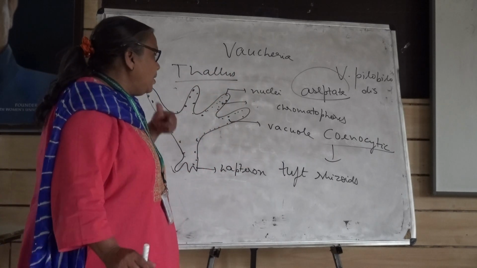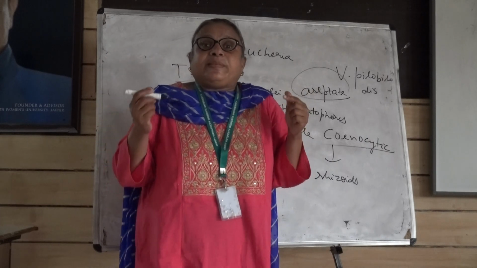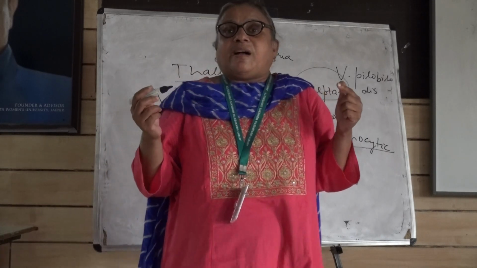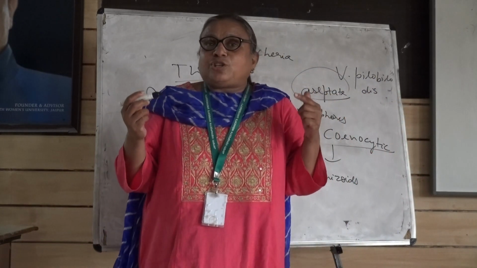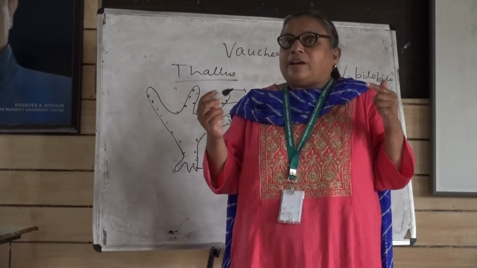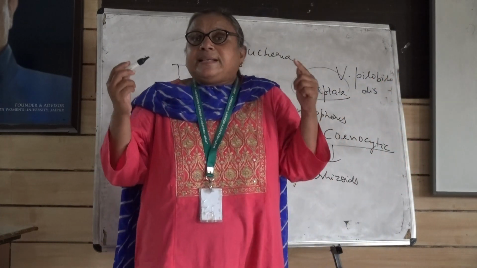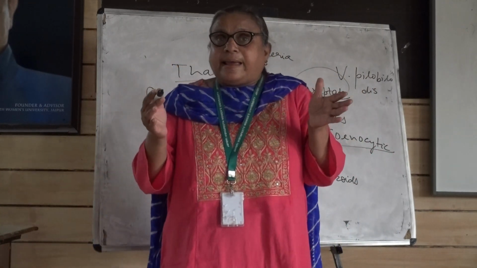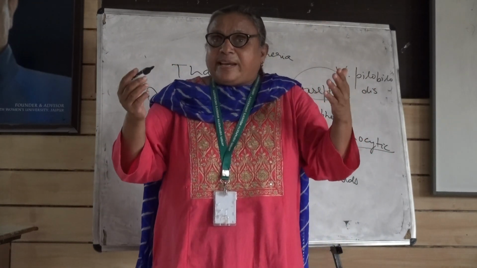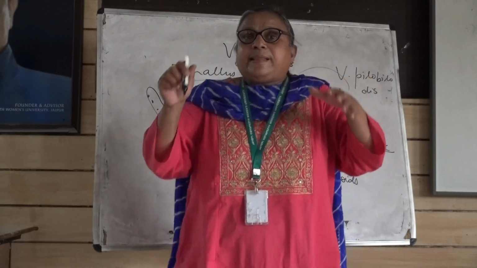And now I tell you the cell structure of Vaucharia. The cell wall is thin and elastic, and it consists of an outer layer of pectic substances and an inner layer of cellulose. The nuclei lie towards the periphery and the chromatophores lie towards the center of the cell.